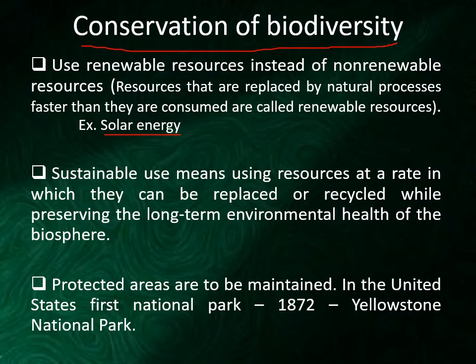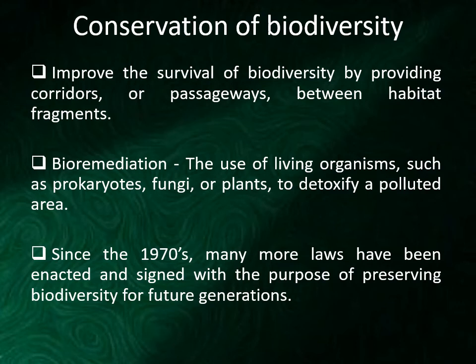Those are the national parks, reserve forests. We also improve the survival of the biodiversity by providing corridors or passageways between different habitats, between different island populations, so that the exchange of gene pool can happen, so that the organisms are not forced to live in a narrow geographical area, so that the geographical area can be enlarged, and there is continuous mixing or continuous supply of gene pool between the organisms of different areas.